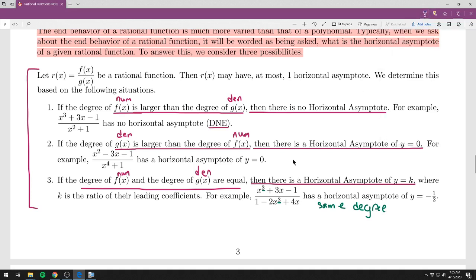And I'll remind you that is the number multiplying the biggest power of x. So the top leading coefficient is 1. The bottom leading coefficient is -2. And the ratio just means you divide them exactly like they're written.